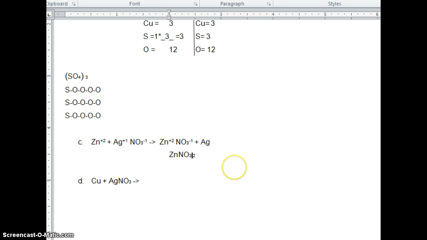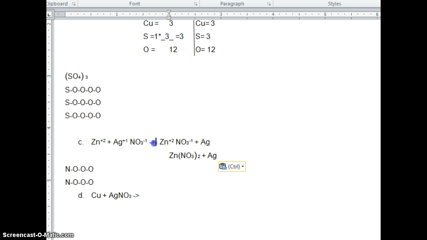So what do I need in here? I need my parentheses to say I have 2 copies of NO3. Or in other words, I have NO3 and I have 2 copies of it. All right. And then we had plus silver.